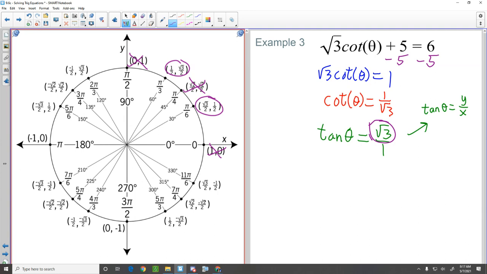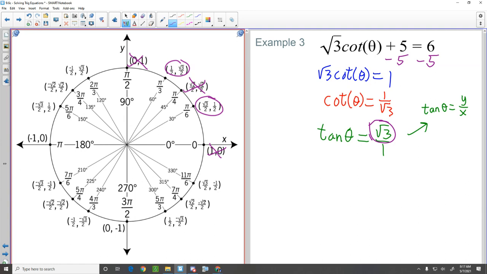So you need to think about, all right, if I divided the y coordinate by the x coordinate, so either root 3 over 2 over 1/2 or 1/2 over root 3 over 2, which way that if I divided those, would I be left with just a square root of 3? Essentially, the 2's would cancel out.